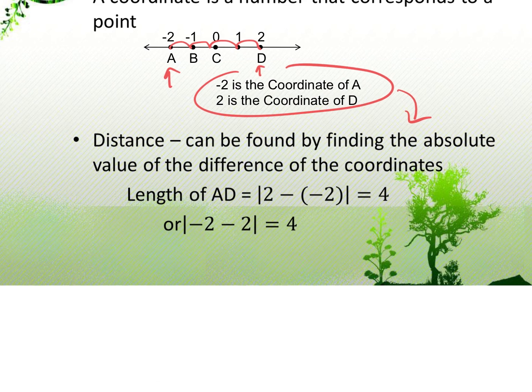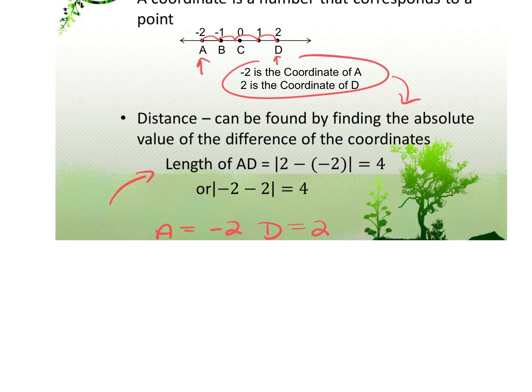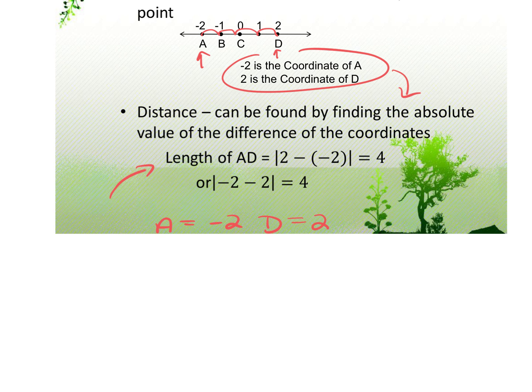So, for example, if you wanted to go from A to D, which is what they have here, A's coordinate, remember, was -2. D's coordinate was +2. So if you're going to subtract the bigger one, so if you do from D to A, you would do 2 minus -2 and then find the absolute value of it.